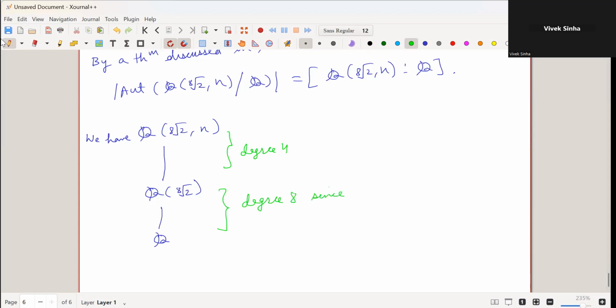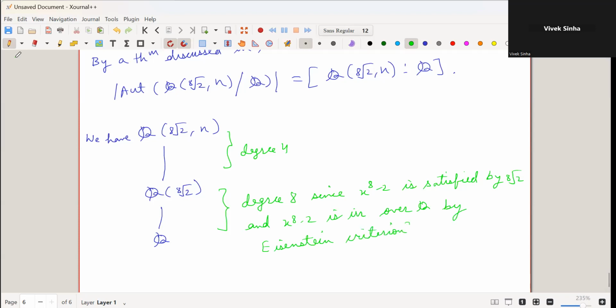Since x^8 minus 2 is satisfied by the eighth root of 2, and x^8 minus 2 is irreducible over Q by Eisenstein criterion.